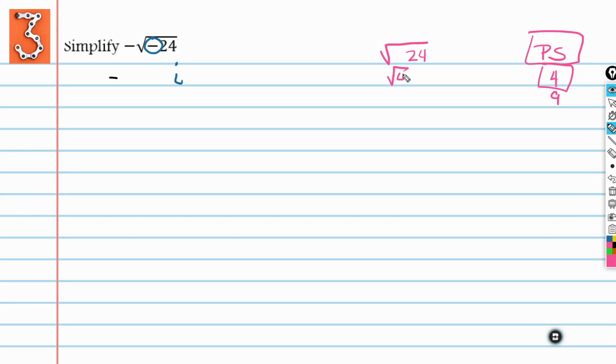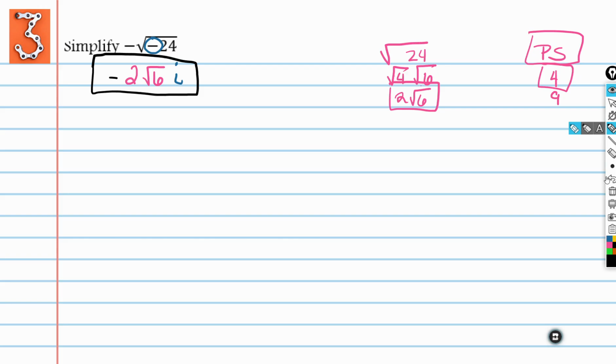So the square root of 4 times the square root of 6. The square root of 4 is 2. Now I'll look at the square root of 6. Is there any perfect square that can divide into that? The answer is no. So the square root of 6 comes over here and I write it in. And that whole thing is the answer.